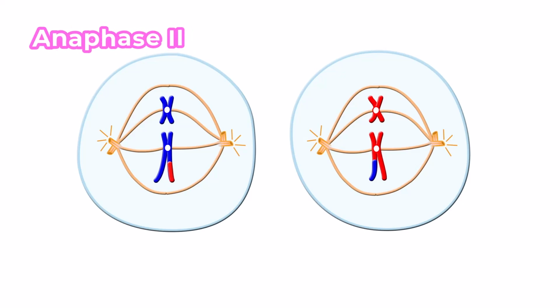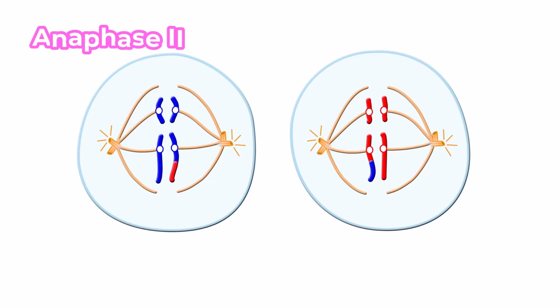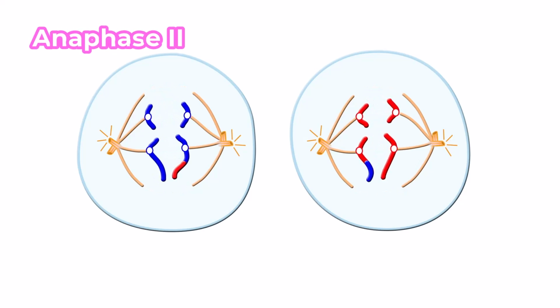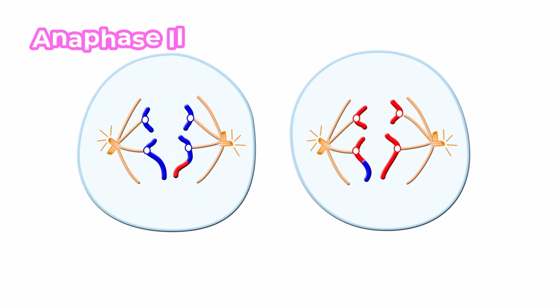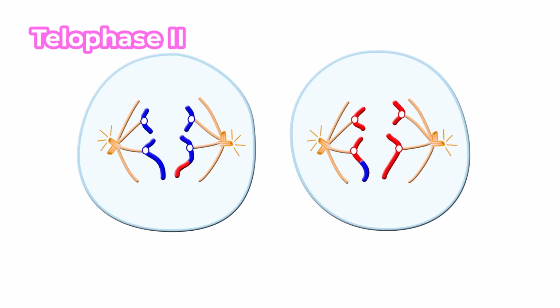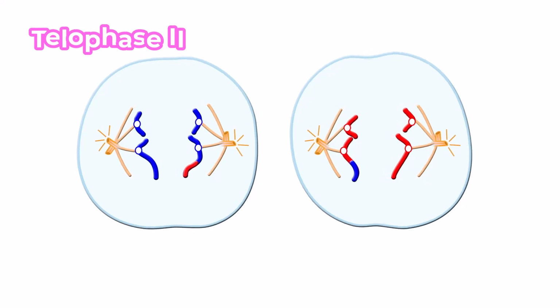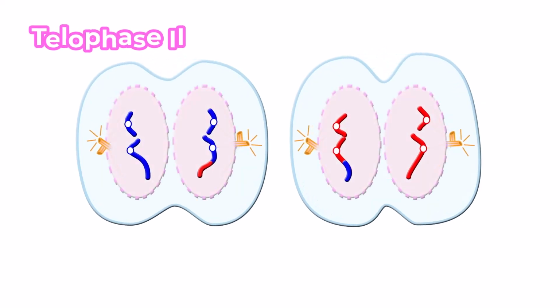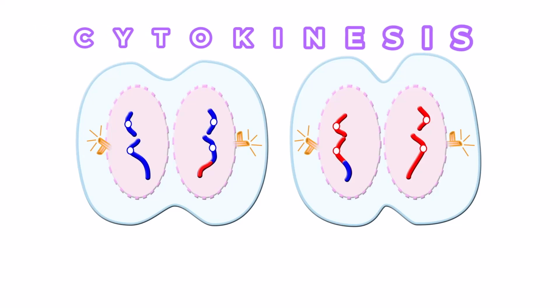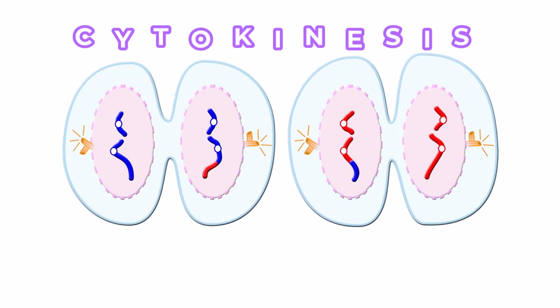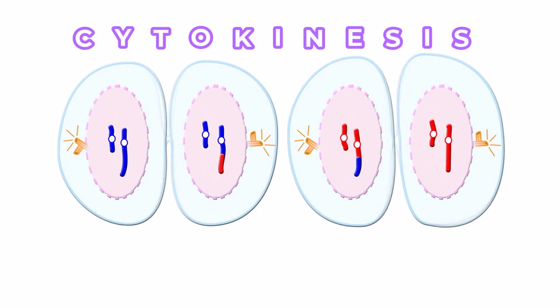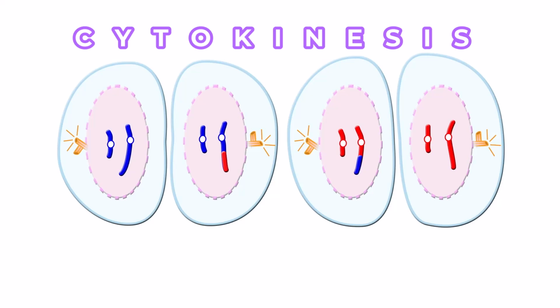In anaphase 2, sister chromatids are pulled apart by the kinetochore microtubules and are moved toward opposite poles. In telophase 2, the chromosomes arrive at opposite poles. The chromosomes then decondense and the nuclear envelope forms around the chromosomes. Finally, cytokinesis separates the two cells into four unique haploid cells.